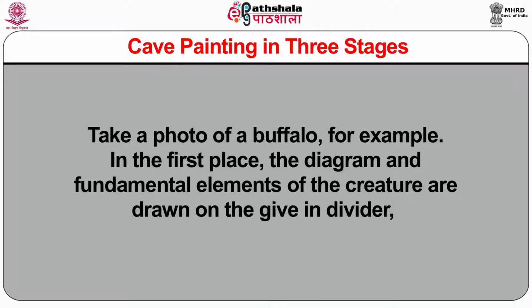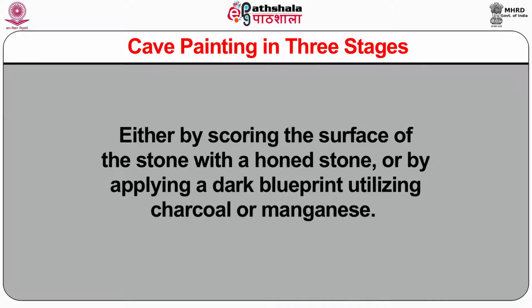First, the outline and fundamental elements of the animal are drawn on the given wall, either by scarring the surface of stone with a honed stone or by applying a black outline using charcoal or manganese. Second, the finished drawing of the animal would be colored or filled in with red, ochre or different pigments.